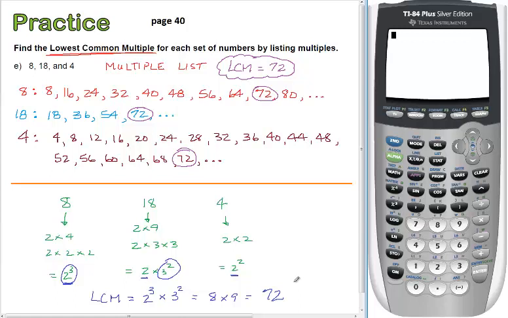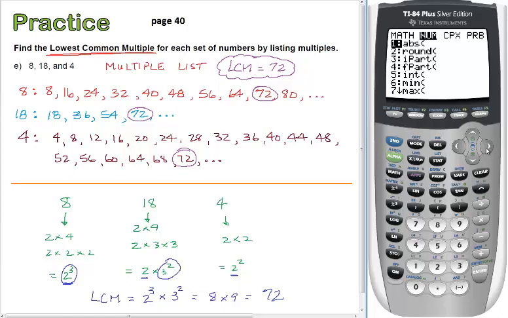And of course we can do it on the calculator. When you do them on the calculator, you hit the math button, scroll across to number, and then down to number 8, which is LCM. Number 8 is LCM, and enter. You can only enter 2 numbers at a time, so do the first 2, 8, comma 18, and hit enter. You get 72. Now take that number and use the third number.